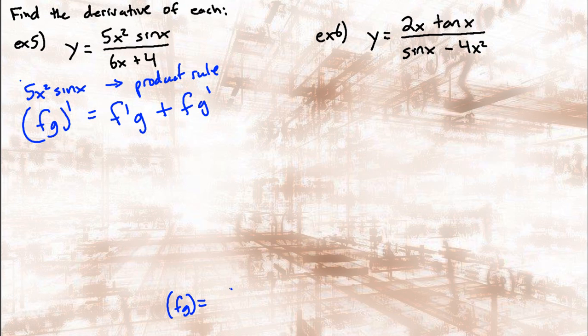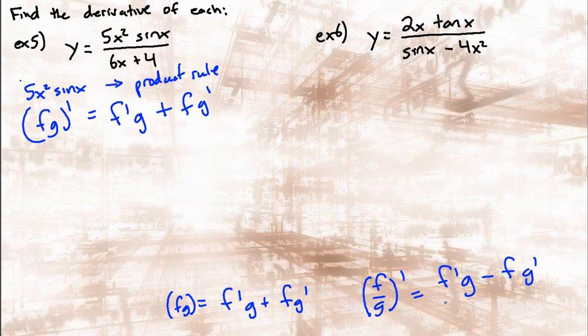Our product rule is right up there, and our quotient rule would be essentially f over g. And if I want to take that derivative, I'm going to have this. So notice, very similar, just we do have this g squared at the bottom.